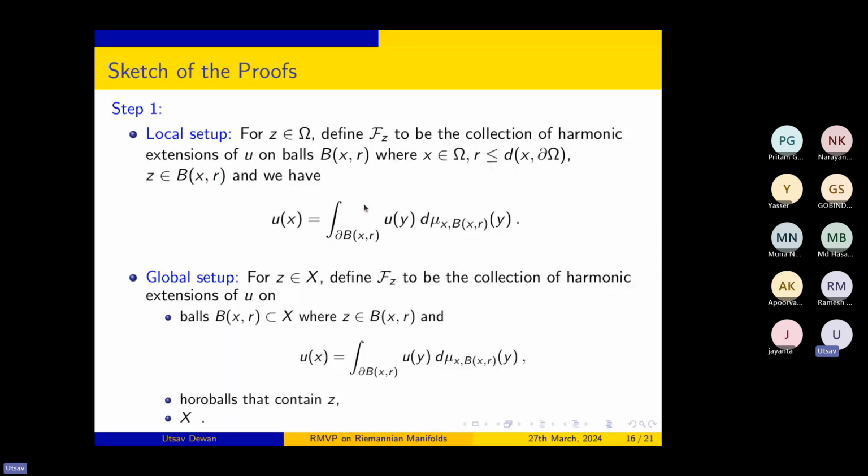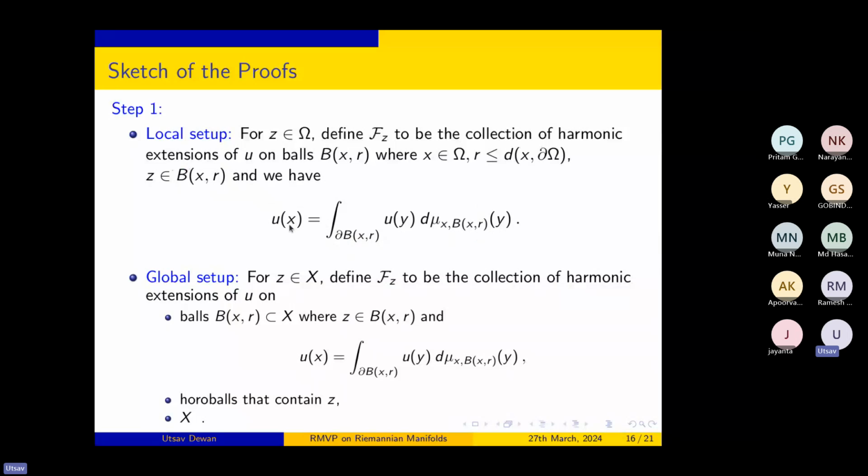So all those balls that contain z, and these balls are not just any balls, but their boundary spheres are special in the following sense. On the boundary sphere, u satisfies the spherical restricted mean value property with respect to harmonic measures.